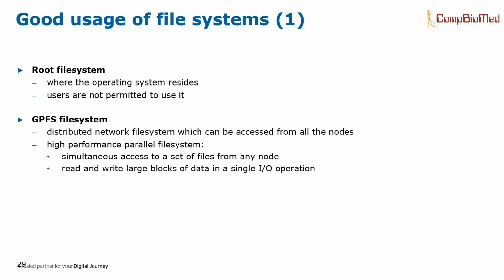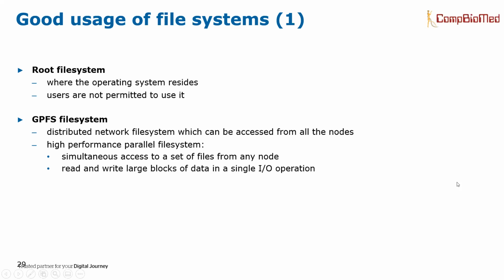As I said, there is a file system that you can use in the cluster. There is the root part where all the system is installed, and this area you should not be able to touch as you don't have the permission. But you have access to other areas where you can put your data, store it, and compute your jobs.